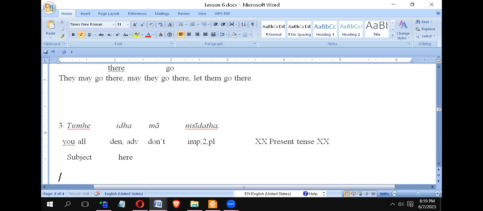How do you translate the whole thing? So, you all do not sit down here. Is there another way you can translate?